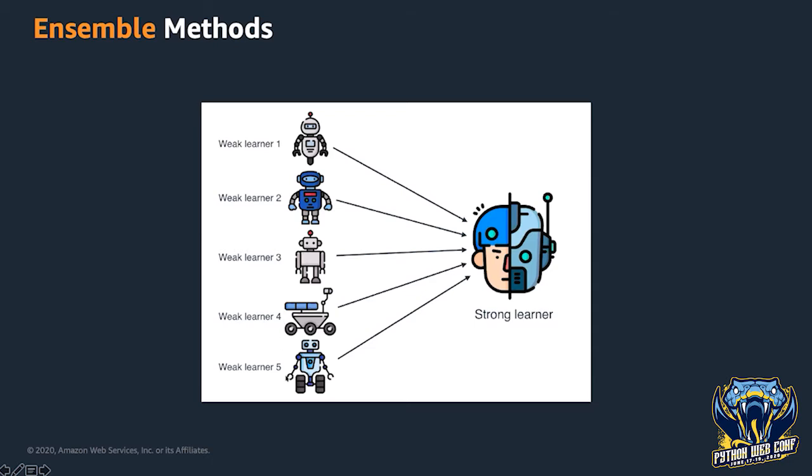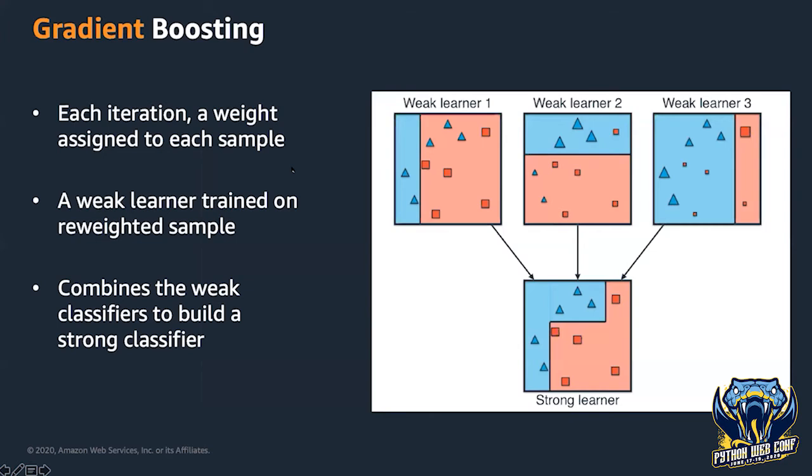But when you collect all of these weak learners' predictions and make an aggregation of all these weak learners, your prediction would be very high in terms of performance, or accuracy, with respect to the accuracy that each single model will predict. Okay, so one of these ways of ensemble methods is gradient boosting, and what it does is it makes a small prediction, or rather a weak prediction, of different models. So let's say this is a first learner, and it can just create a decision boundary like this.